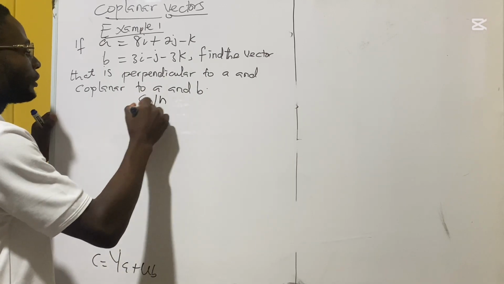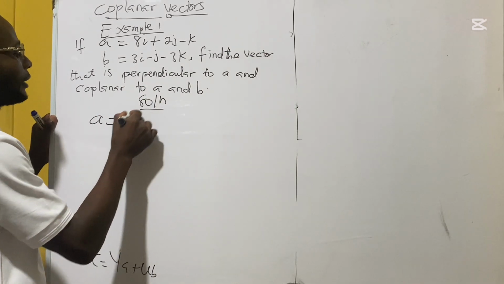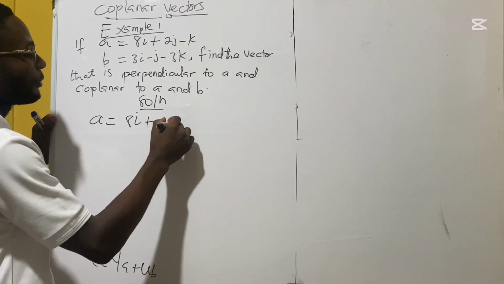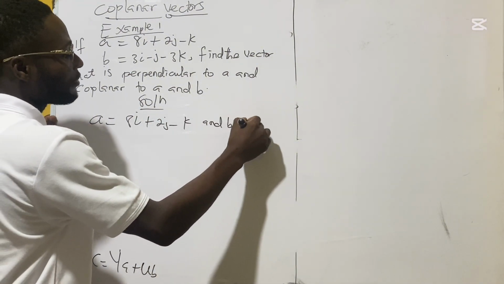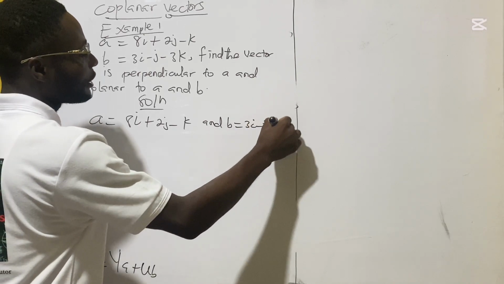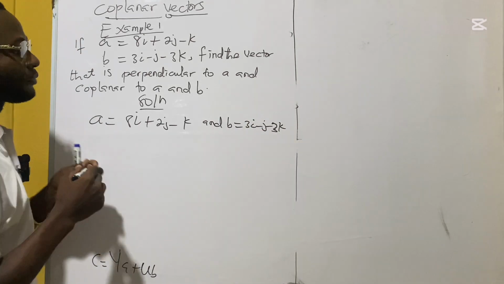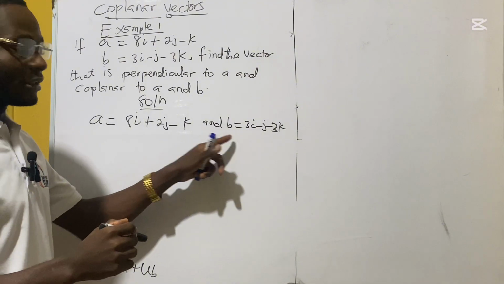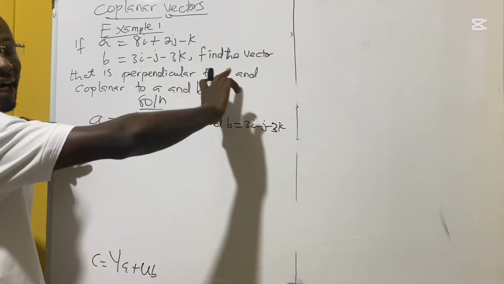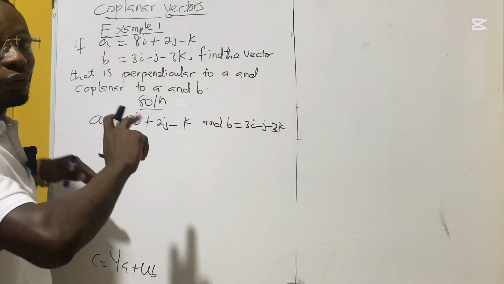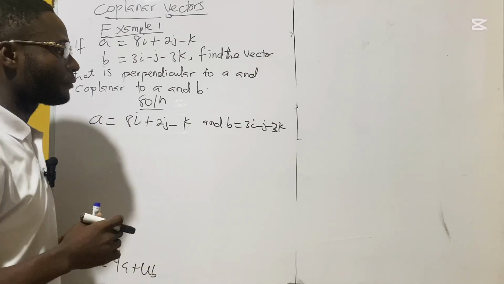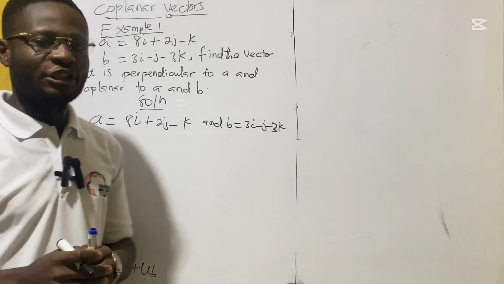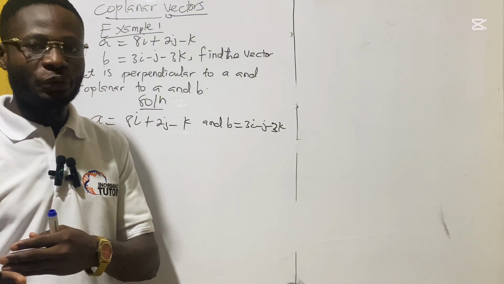Okay, so solution: A equals 8i plus 2j minus k and B equals 3i minus j minus 3k. These are two position vectors, and we have to find the vector that is perpendicular to A and coplanar to A and B. Okay, that is so interesting. So what do we do?